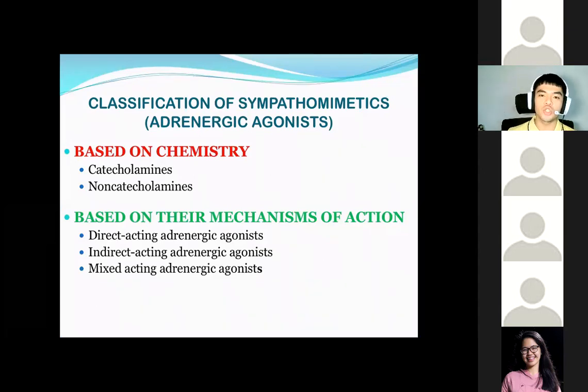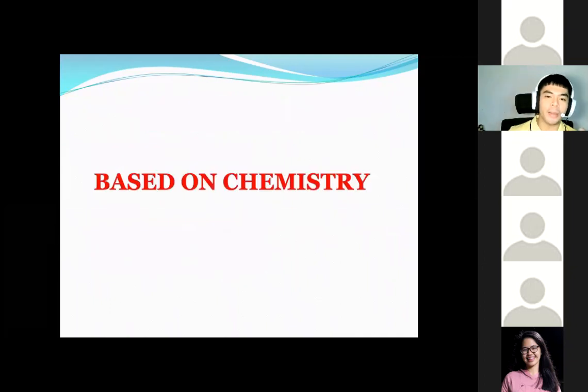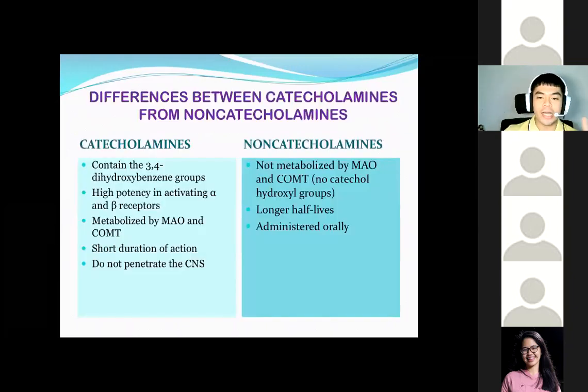Whereas for drugs based on mechanism of action, we have direct acting, indirect acting, and mixed acting sympathomimetics.